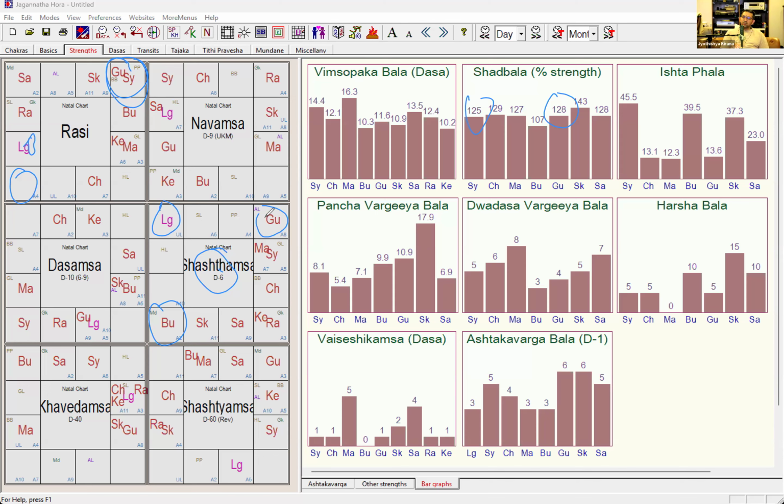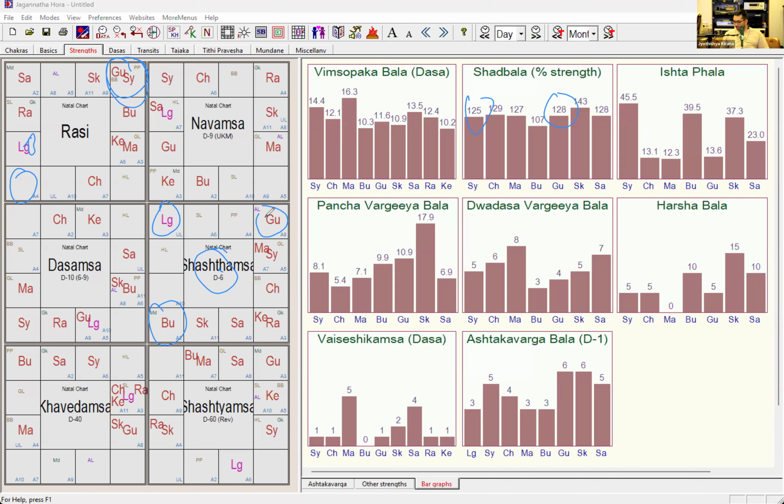So your Guru is in Buddha's house, but for Guru, Buddha is Sama. So for Sama, what is the state? Dina. So ideally speaking, Guru is not in a happy space. Buddha is enemy, isn't it? For Guru, Buddha is enemy, not Sama. Correct?